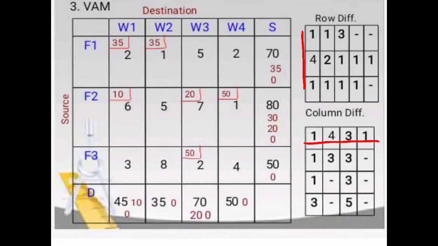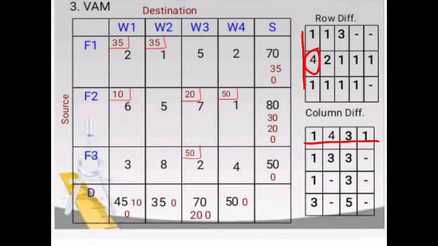After we find the row difference and the column difference, we choose the maximum value. The maximum value is 4, so we choose this 4, and it is in row 2. In row 2, we choose the least value. The least value is 1.